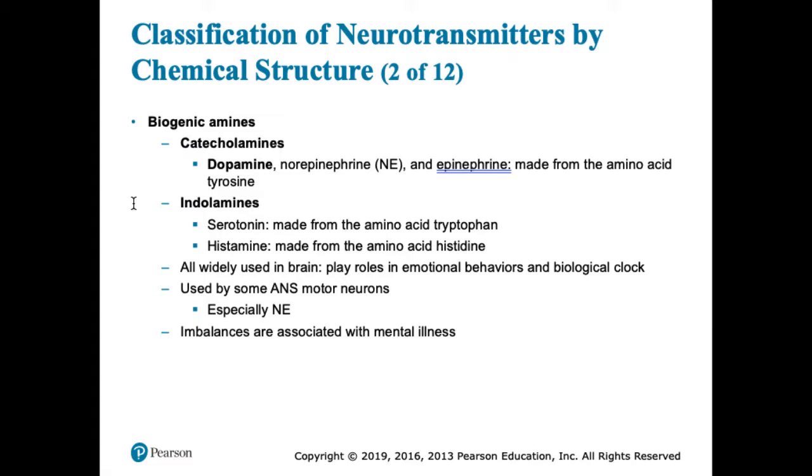They play roles in emotional behaviors and even the biological clock. It's used by some ANS motor neurons, but imbalances of these biogenic amines, serotonin, histamine, and the catecholamines, dopamine and epinephrine, typically are associated with mental illness.